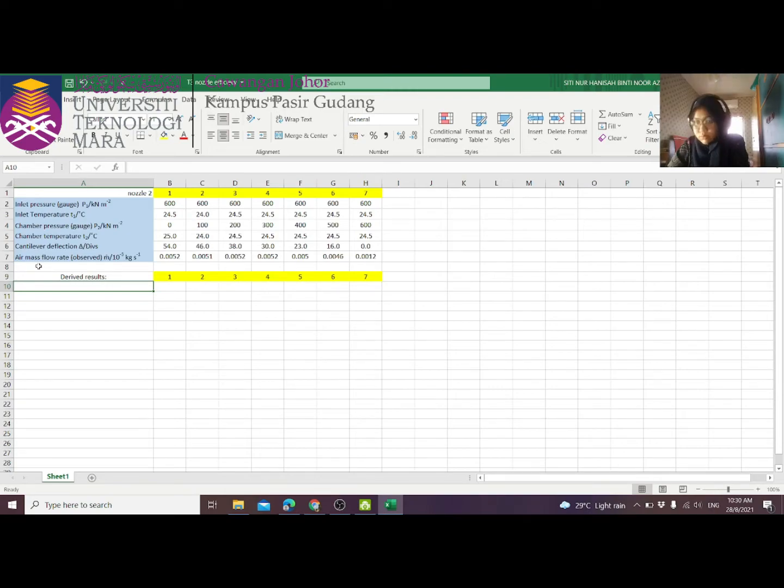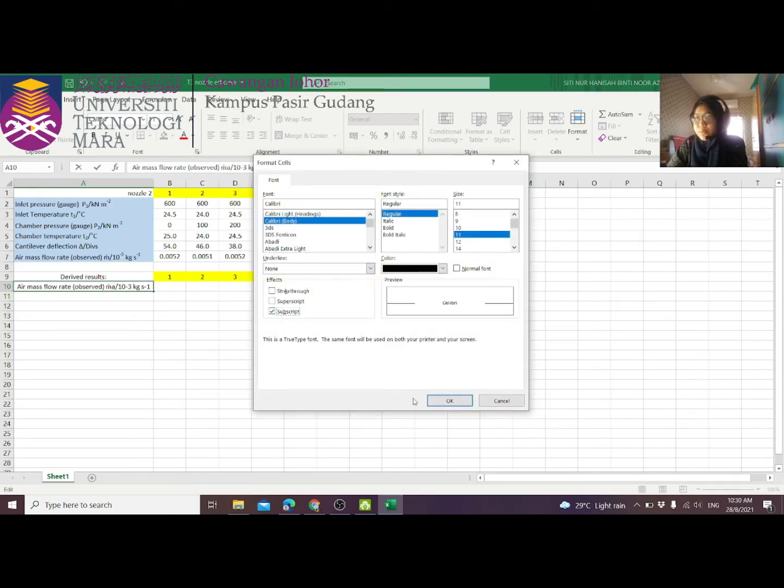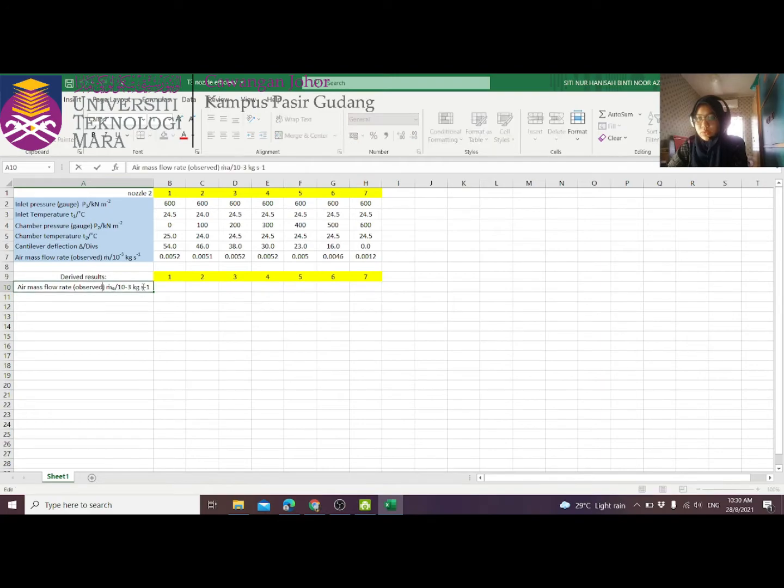So first is MS flow rate, plus this one should be cancel. Substitute. Okay, this one should be corrected. And then next is inlet pressure absolute.